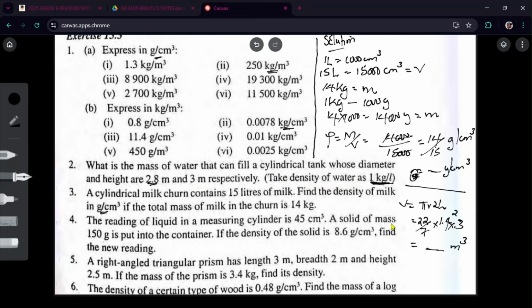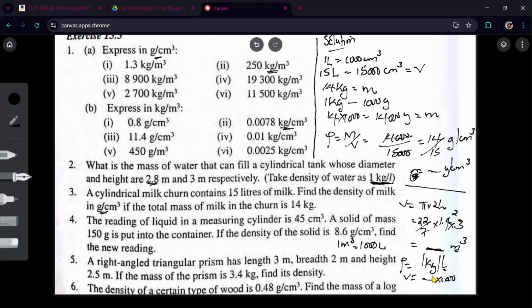Given the density of water, I've been given density is equal to 1 kilogram per liter. Now, here it is meters cubed, and this one is liters. So to convert this one, my volume here will be the answer that you have here, I divide by 1,000, because 1 meters cubed is the same as 1,000 liters.